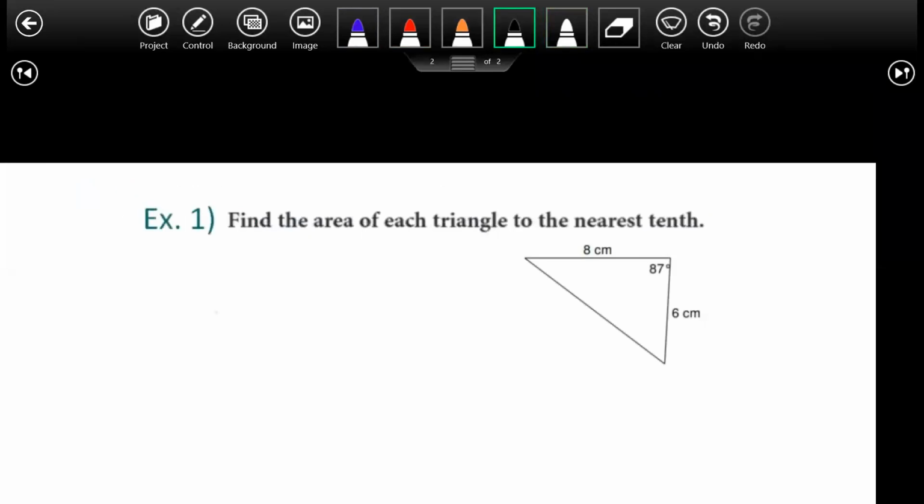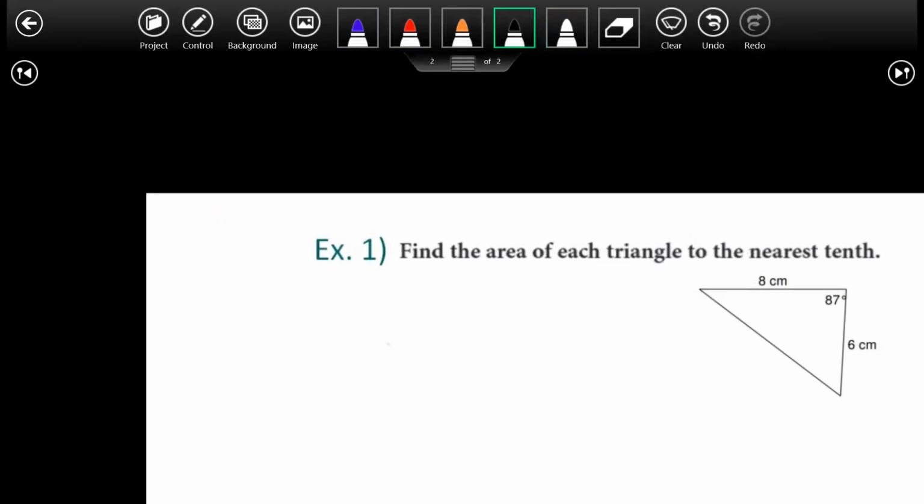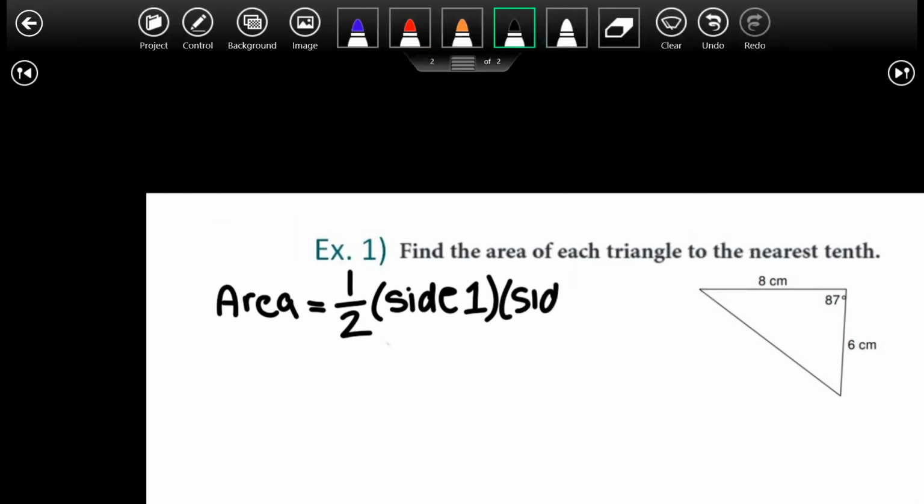Another way to look at this that I'm going to have you guys write down is the area, and you can use the same idea, is 1/2 side 1, side 2, sine of angle.